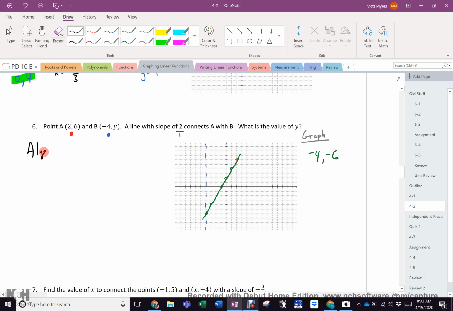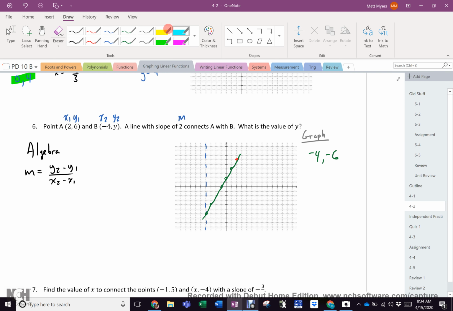But you also could do it with algebra, because we know that m, the slope, equals y2 minus y1 over x2 minus x1. Now look in there. Do I have an x? Oh yeah, there's x1, which makes that y1. There's x2, which makes that y2. And there is my m.